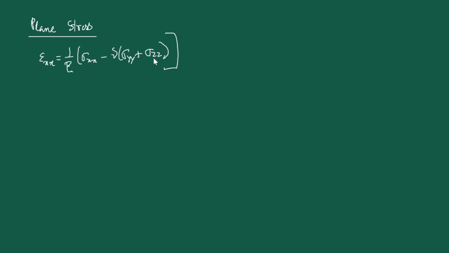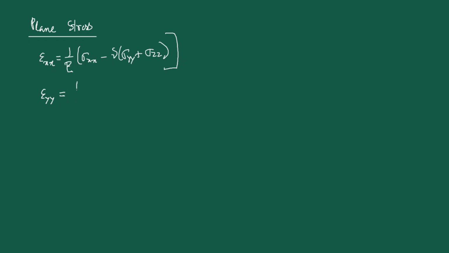And please note the form that I'm using is the very familiar generalized Hooke's law form that you all learned in your first year mechanics, and which was also referred to at the end of the pre-recorded video lecture of the constitutive relations.